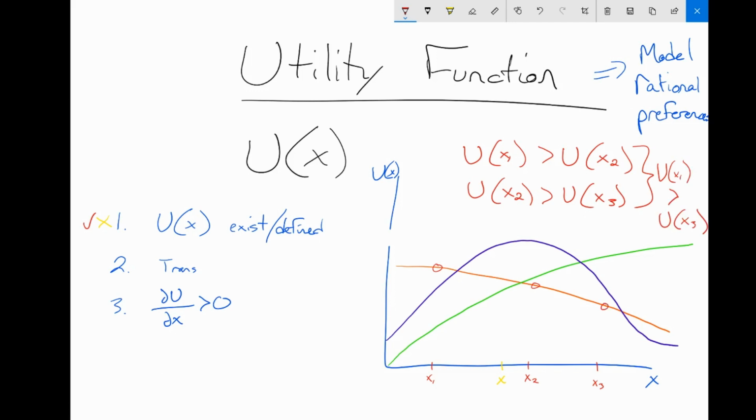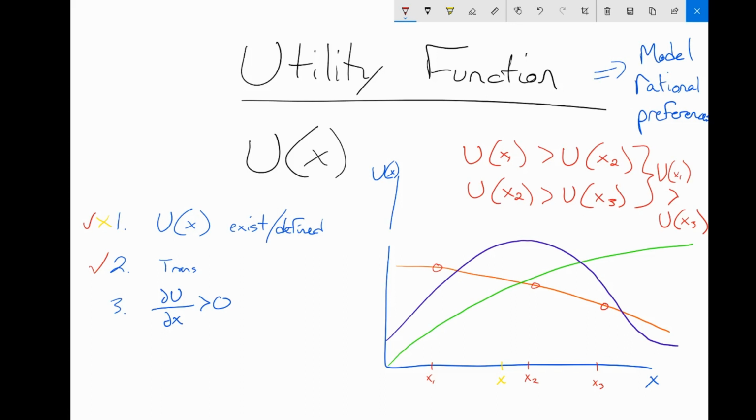So this transitivity should be satisfied anytime the function is what we would call monotonic. That means it's always changing in one direction, so it's satisfied here.